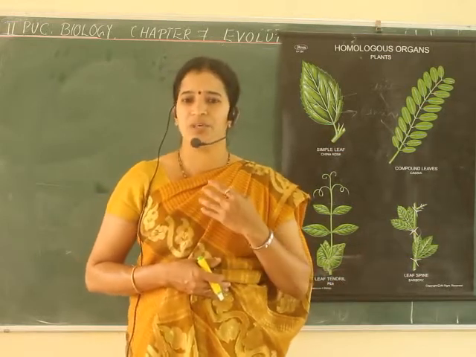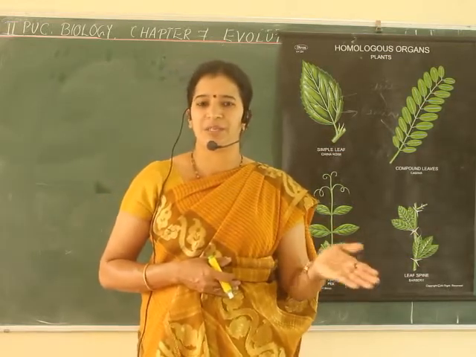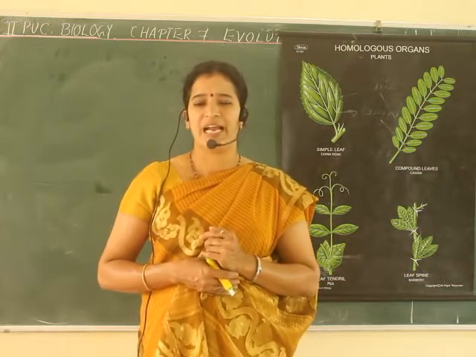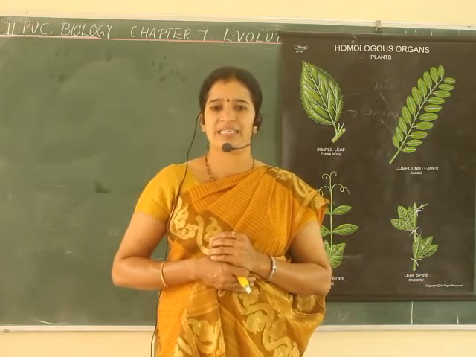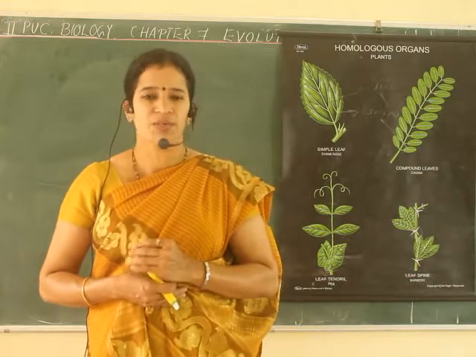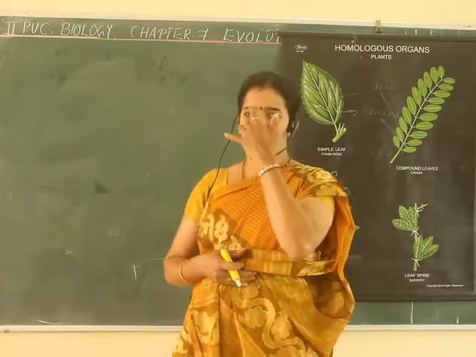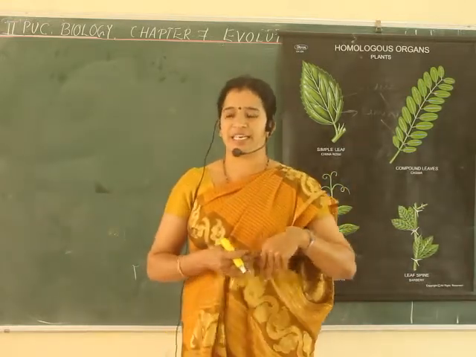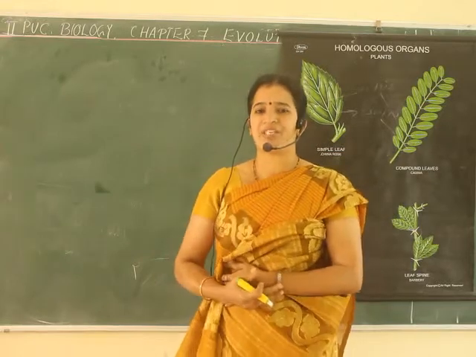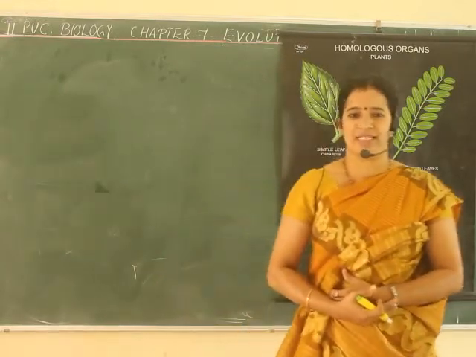There is no evolution, no changes occurring from generation to generation. Then they also stated that our earth is around 4,000 years old. Remember the connotations I said in the last class; all these connotations have been disproved by Charles Darwin.